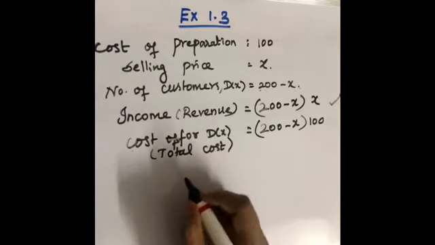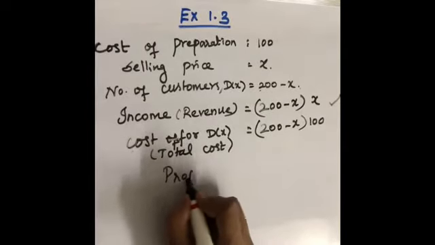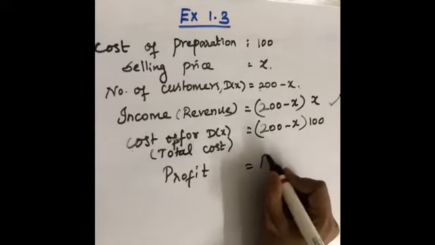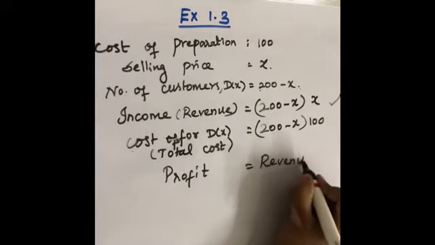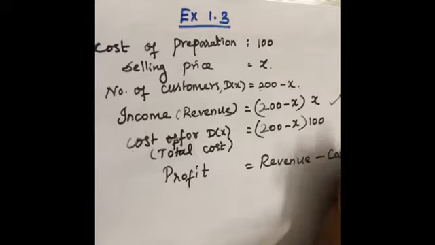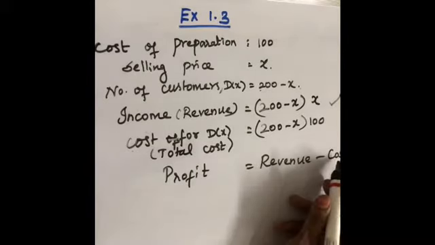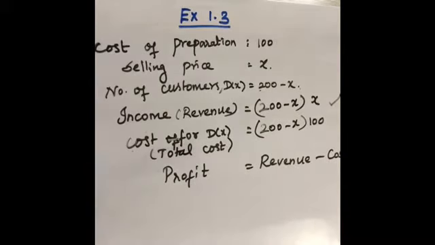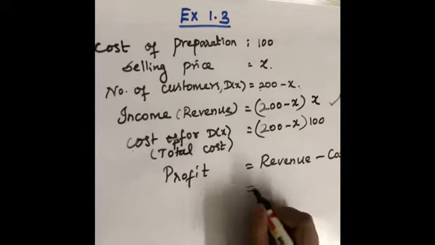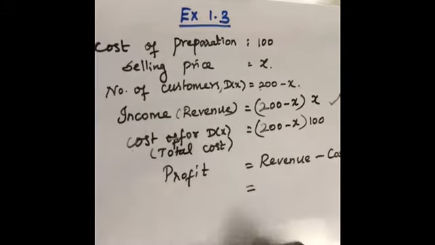Now, we have to find the profit. Profit is equal to revenue minus cost. That is his income minus the amount he spent. Okay, அதுதான் profit. நம்ம ஒரு இன்கமில் எவ்வளோ செலவழிச்சாங்களோ அதை எடுத்து மீதி கிடைக்கிறது தான் profit.